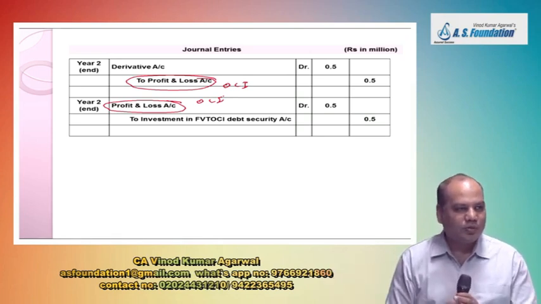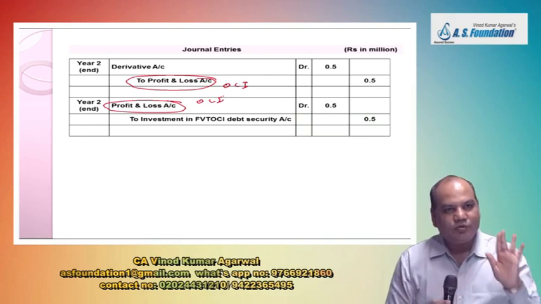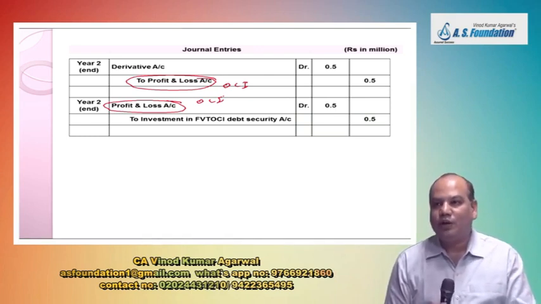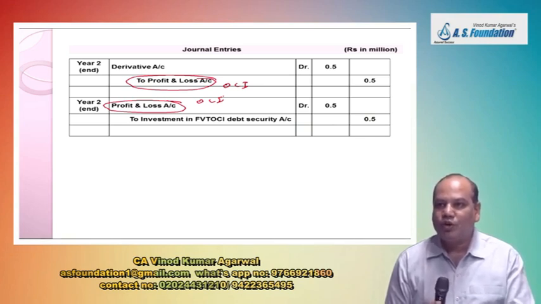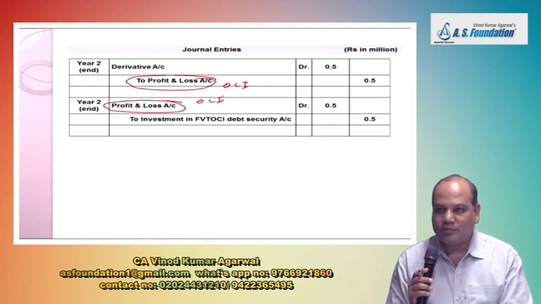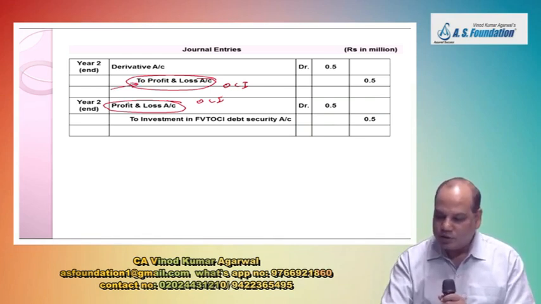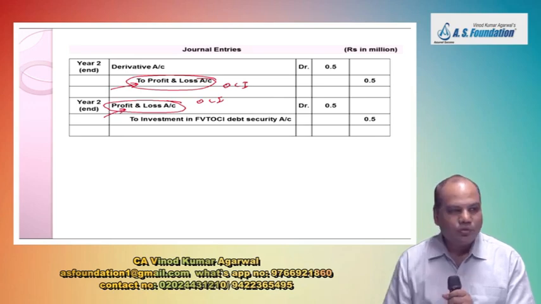So I'm not writing that question, but please try as homework what entries you will pass if this instrument was an FVT OCI equity instrument. Yes or no? Only these two entries will change here. Both will go to OCI.